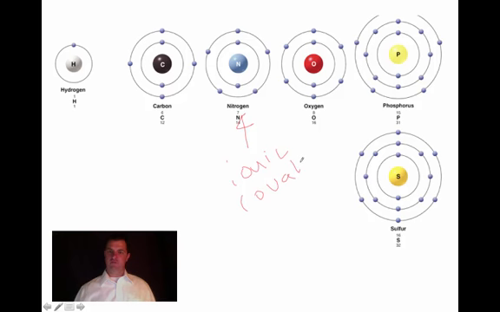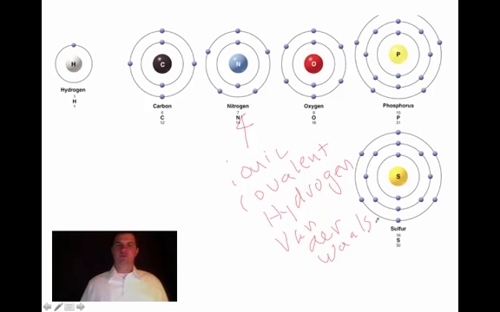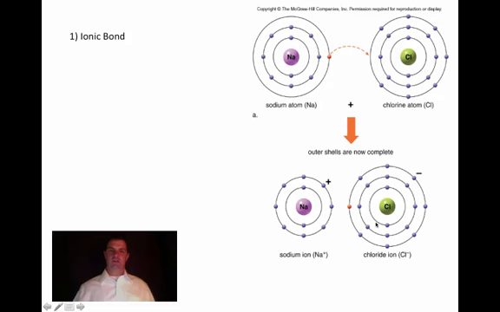We're going to break those into four different groups. We're going to talk about hydrogen bonds. And we're going to talk about the van der Waals forces as well. So we're going to break our chemical bonds in this class up into four different groups.